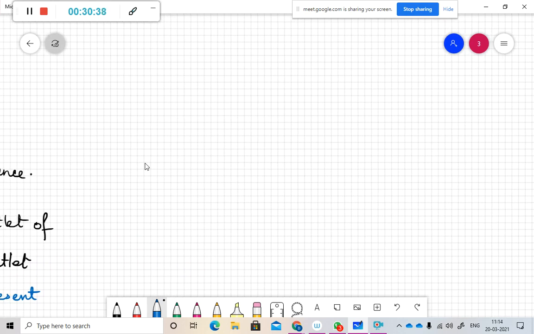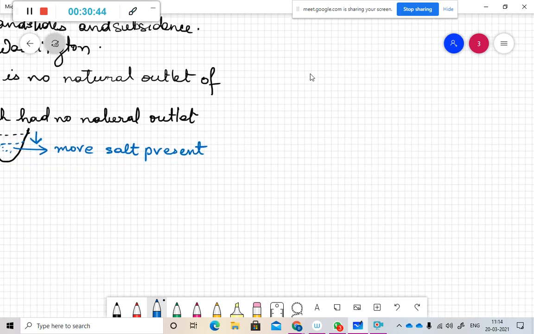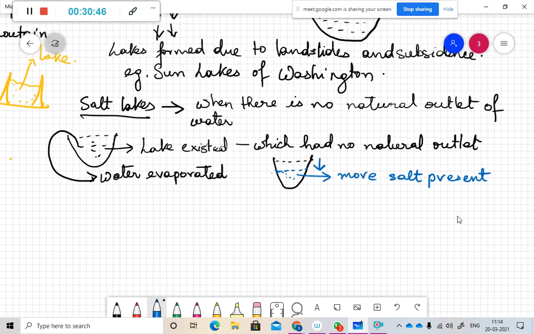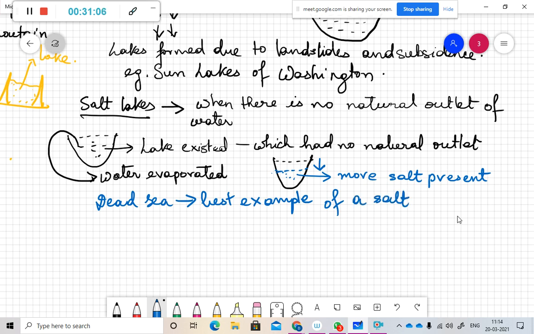Then examples are the Great Salt Lake and the Dead Sea. The Dead Sea is the biggest example, the best example of a salt lake.